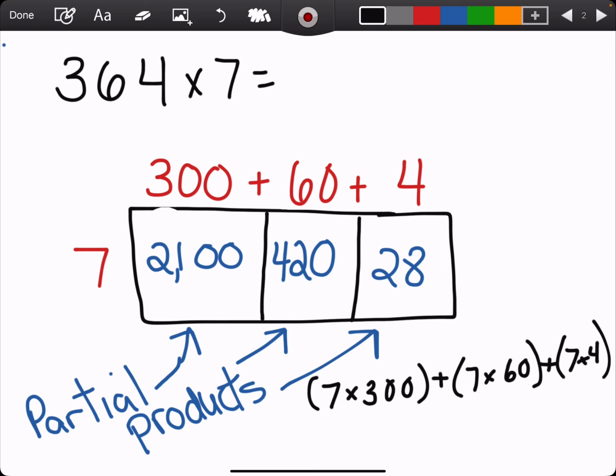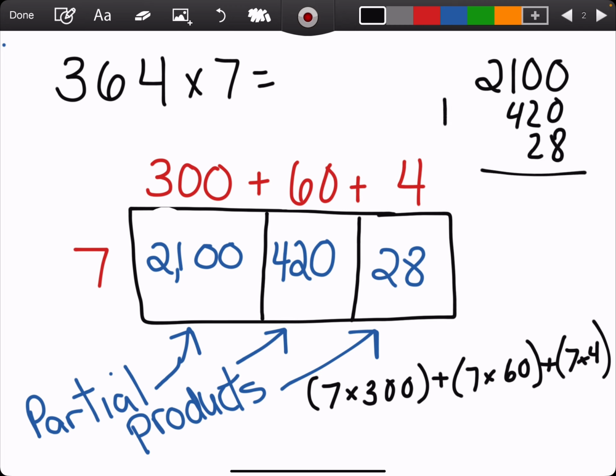That's me breaking up this problem and showing it distributively. So now my partial products: 2,100 plus 420 plus 28.